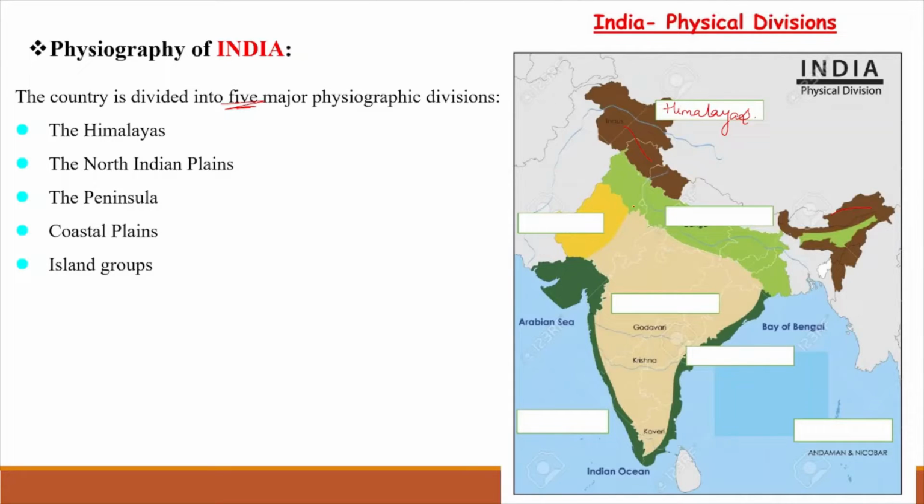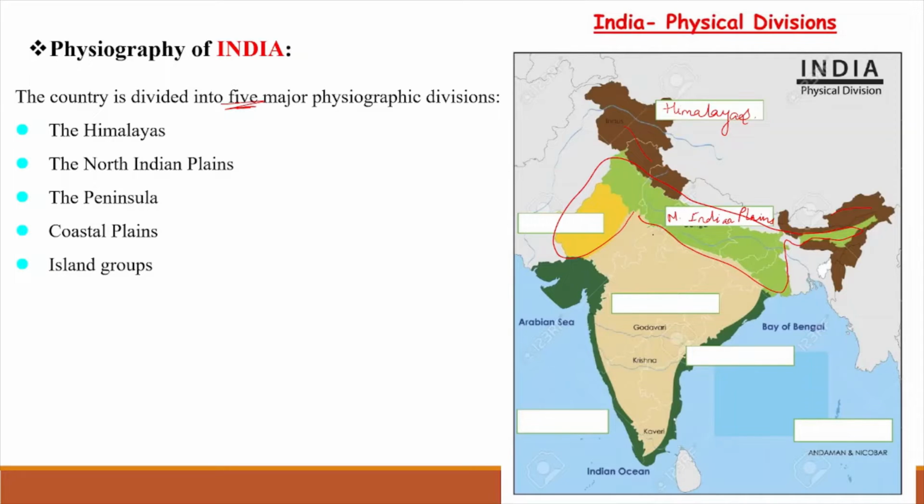Now, the next region over here, this yellow shaded as well as this light green shaded region all the way up to northeastern plains, this is known as your North Indian plains. This is the most fertile land because of all the rivers flowing through it. Majorly River Ganga and its tributaries flow from it. So you have very rich alluvial soil to carry out agriculture.